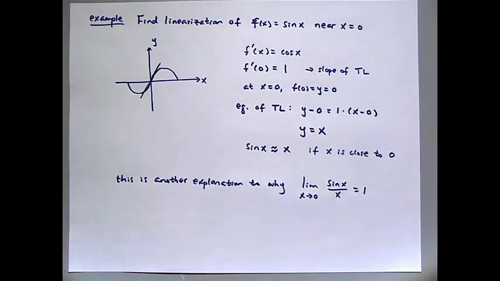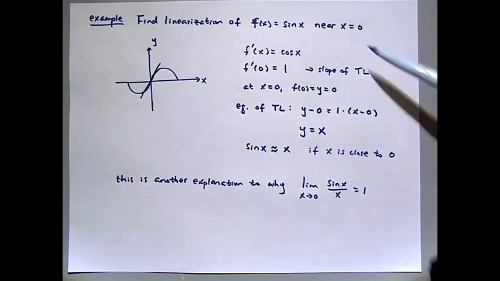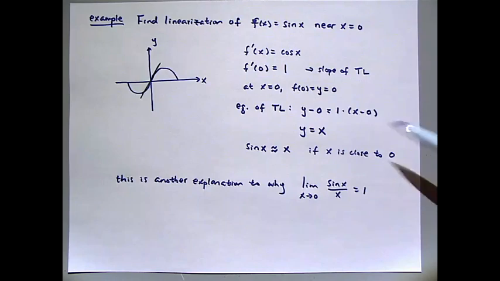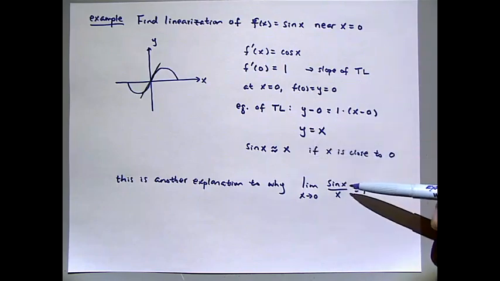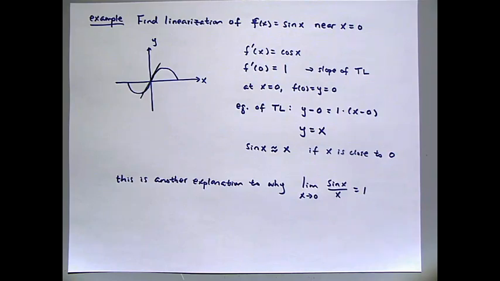When we say limit x goes to 0, it means we're staying close to 0. And now we see that near 0, sine behaves just like x. So there's another explanation why this limit turns out to be 1 that we saw earlier. Earlier, we used a geometric argument and a table to see that this is 1. Here's another reason why it turns out to be 1.